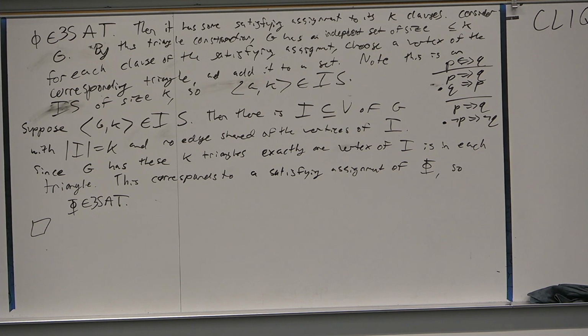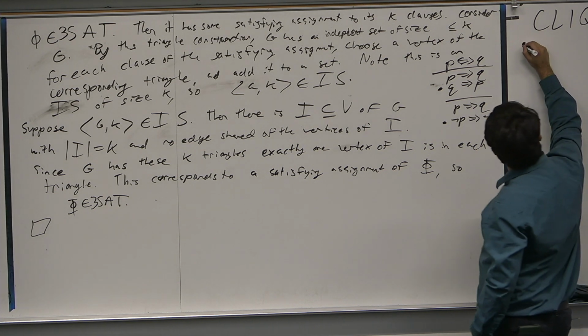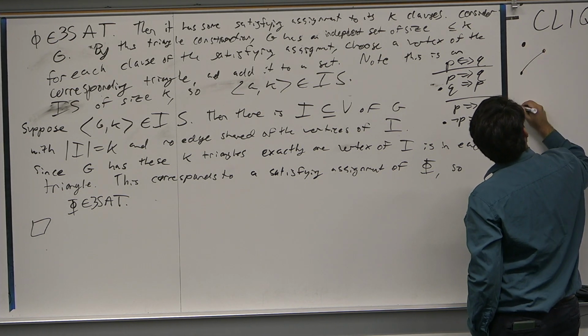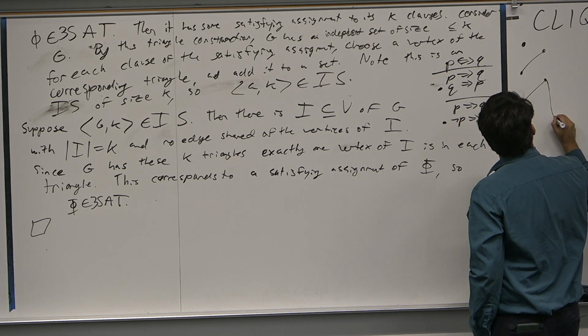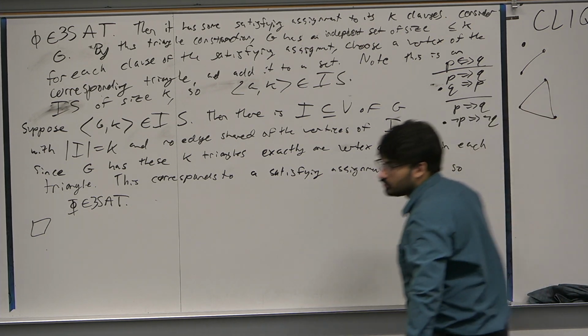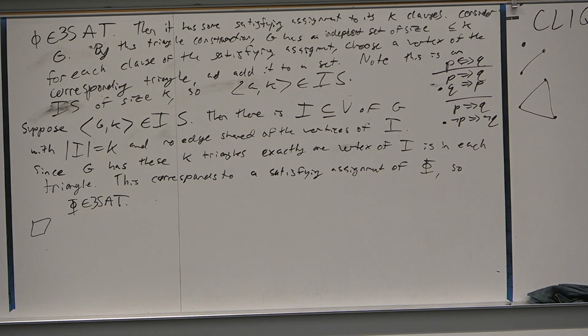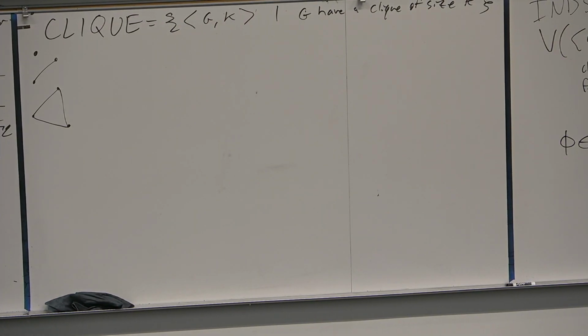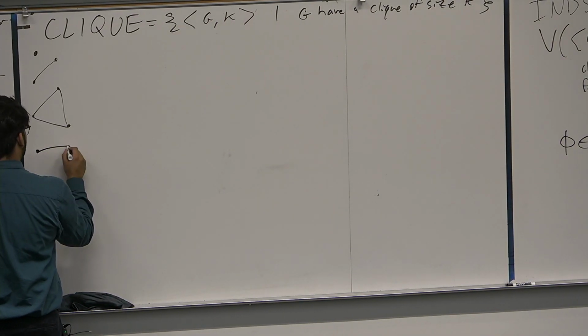What is a clique? A clique is one of the following. It is, in some sense, the most dense graph.